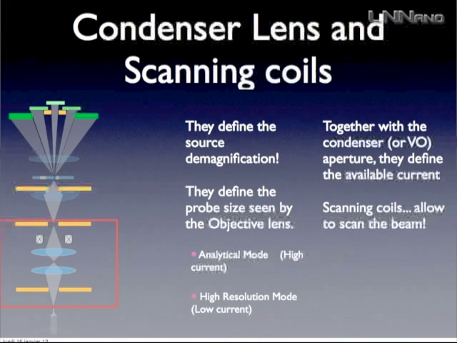Okay, and of course, if you want to define the current and the angle, you need an aperture somewhere. It can be before the condensers, somewhere inside the condenser or after the condensers. It will really depend on the setup you are using.